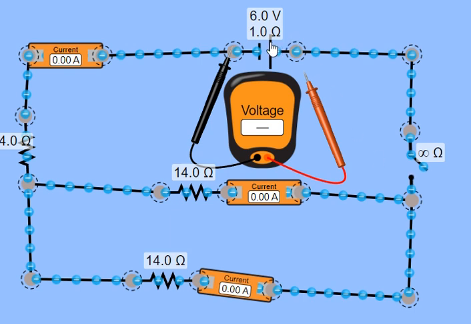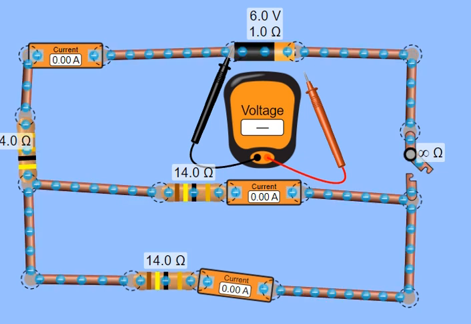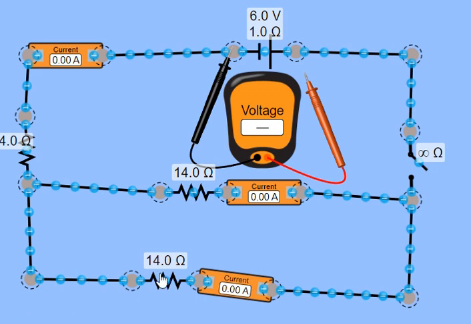You can see my battery there. So, in other words, once I complete it here, you can see we record 6 volts. So this 6 volts represents the EMF of this battery, the electromotive force of this particular battery.